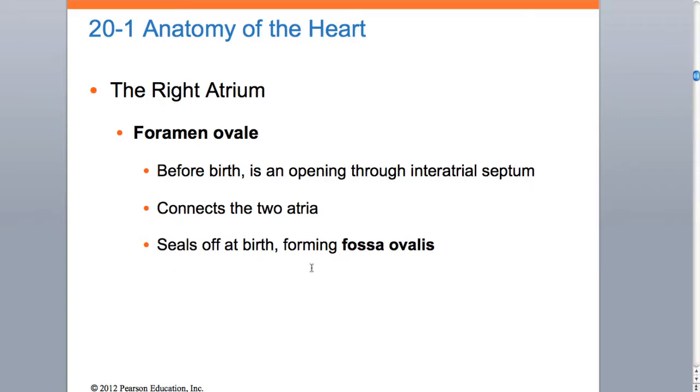Once you're born, that foramen ovale closes off, and it now turns into the fossa ovalis. Now, we used to have a connection that is now sealed off. So there used to be a connection from the right atrium into another region, and that went from foramen ovale to fossa ovalis. Make sure you see it in the lab day model. So when you're doing the lab day, make sure you look at that.